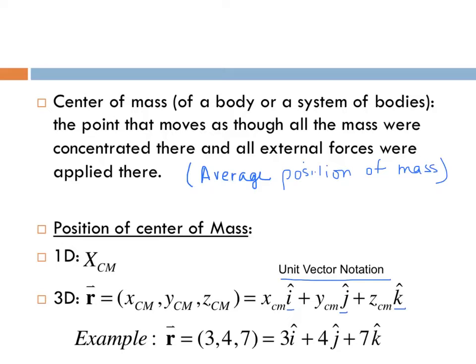Again, the i, j, and k don't actually represent anything. They're just telling you that the values in front of them are going in those directions. Over here, you can see a coordinate system where you would have 3, 4, and 7, going in those 3 different directions.